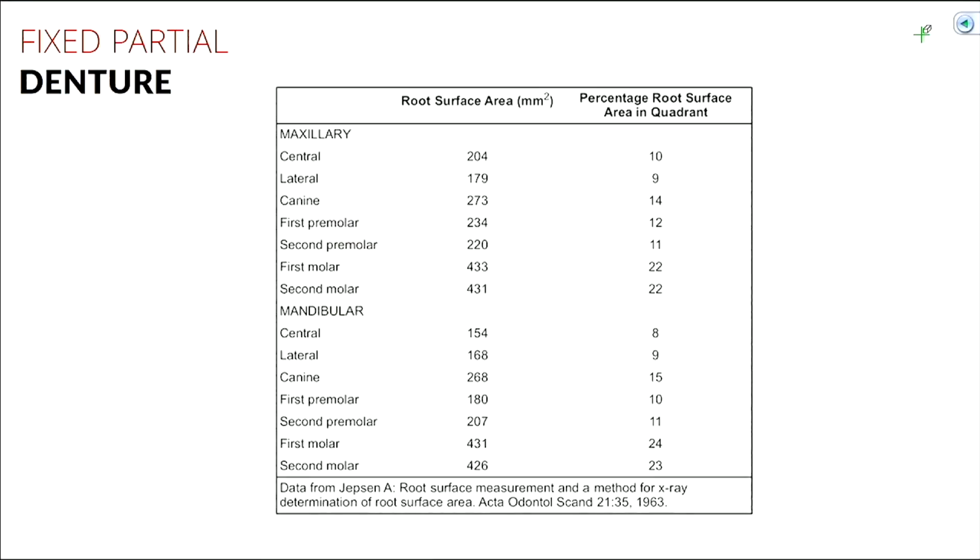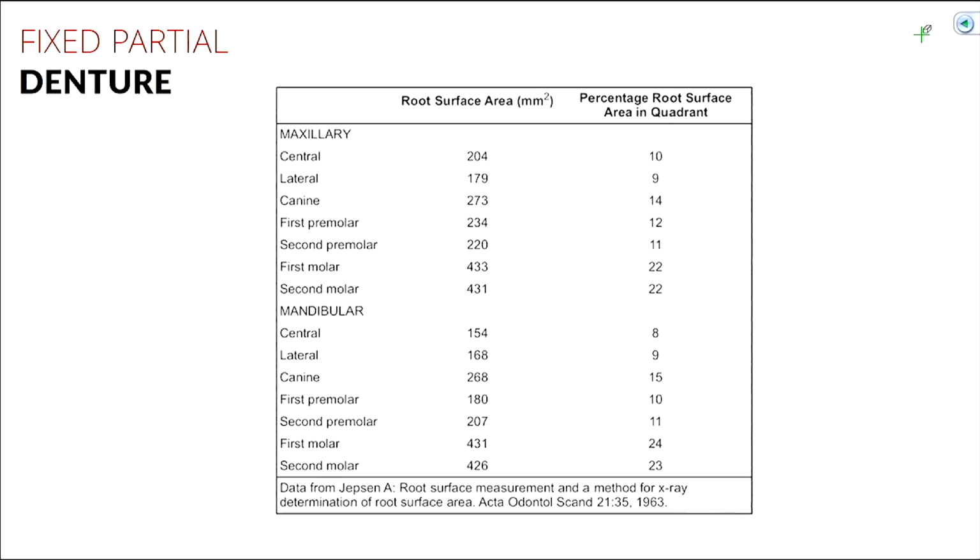So here's a little chart to just give you the average surface area of an average central or lateral, so you can kind of get an idea of the difference between the teeth. So if you wanted to do some math and figure out Ante's law, you could. All right?